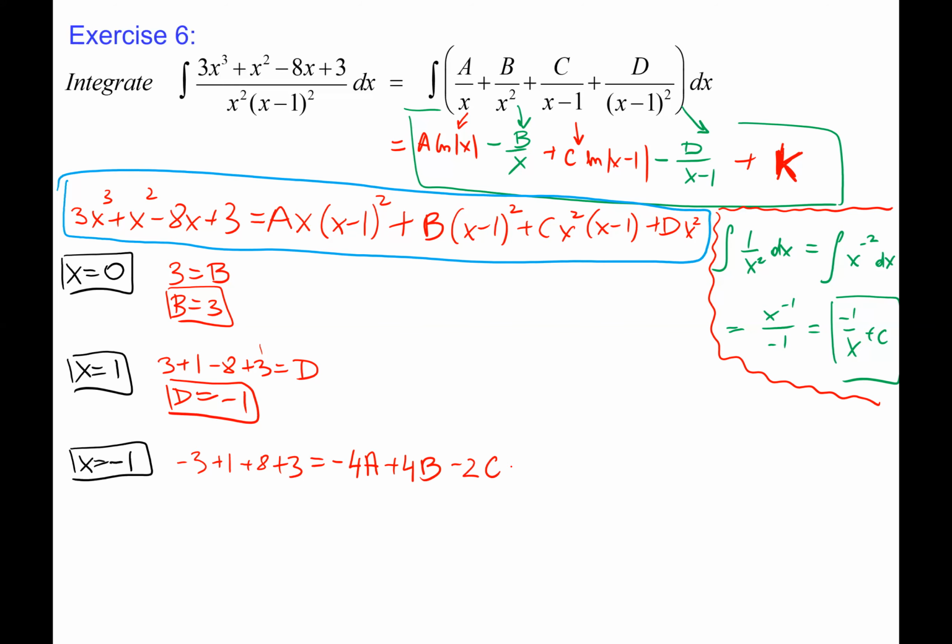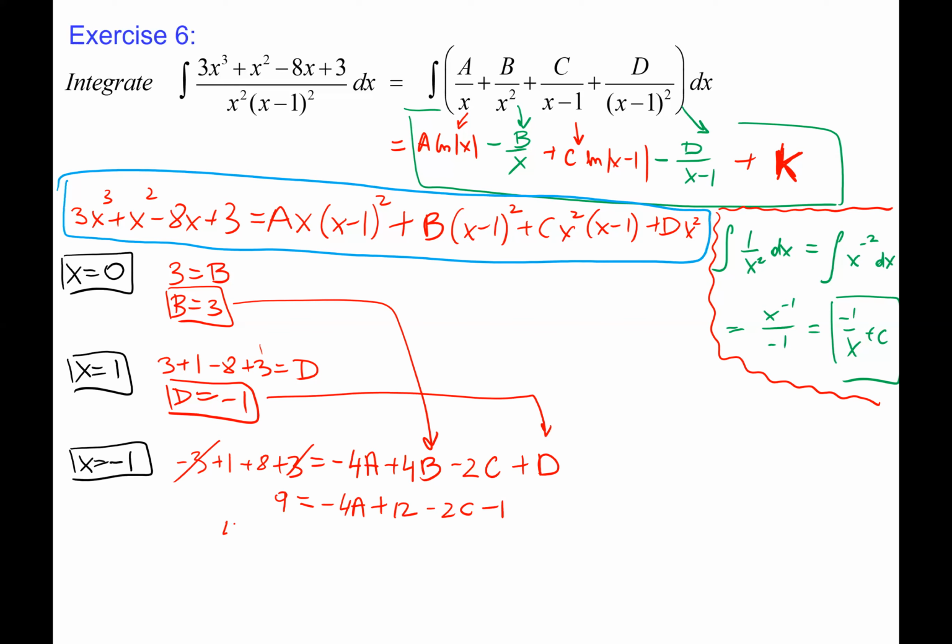And the negative 1 squared is just positive d. Okay, and I can try to simplify. Negative 4a. B is actually 3. I can substitute 3, which I will have 12 minus 2c, and d is negative 1.